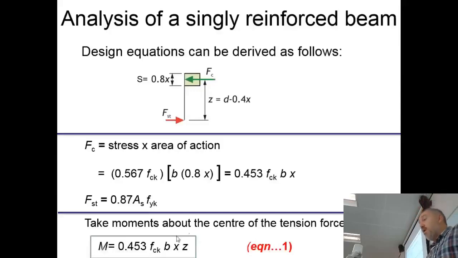With this equation 1, what that is saying is that if I know the dimensions of my beam, and I know the distance of the steel bars within my beam, and I know what concrete I'm choosing, then I'll know what moment it can resist.